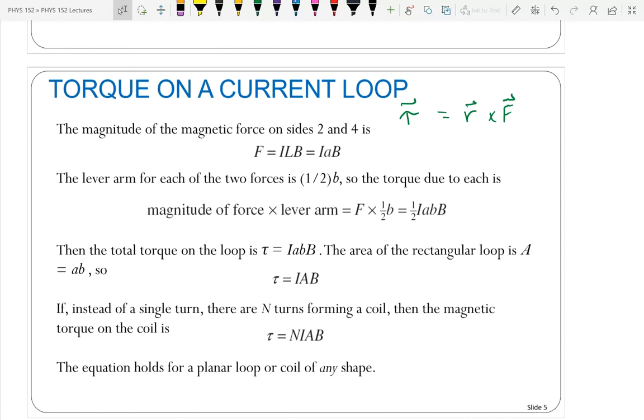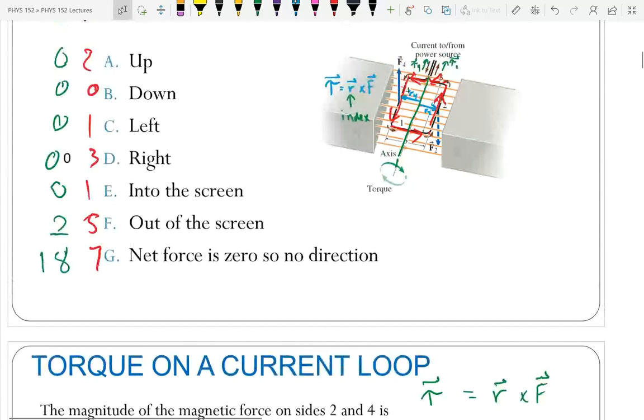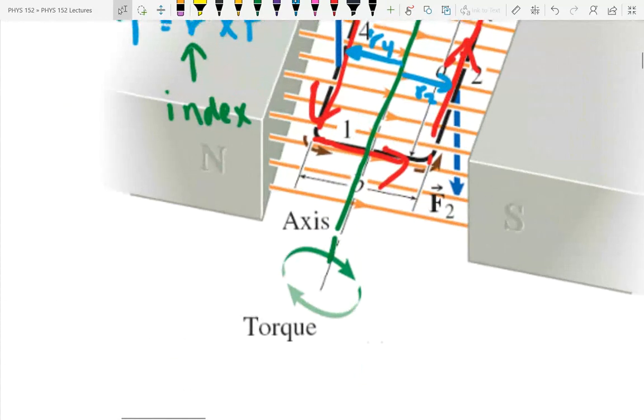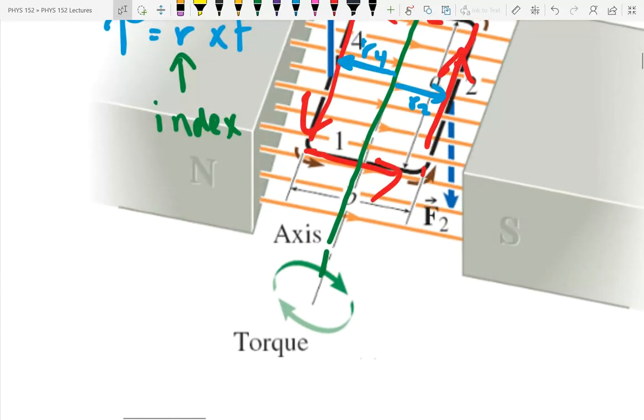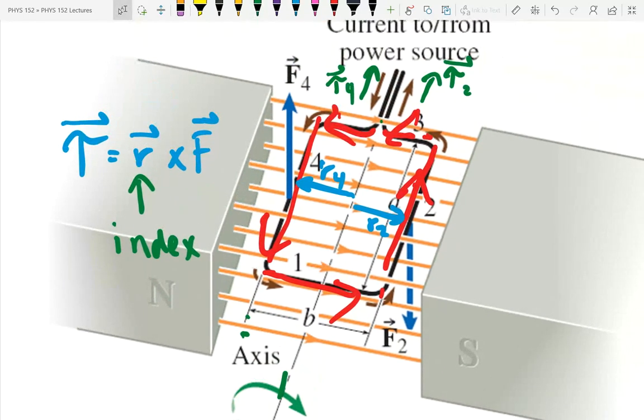So how do we calculate that torque? Well, the forces were ILB, and if we come down here and look again, it defined b as the distance between two sides of that, and A, I don't see A marked on here.